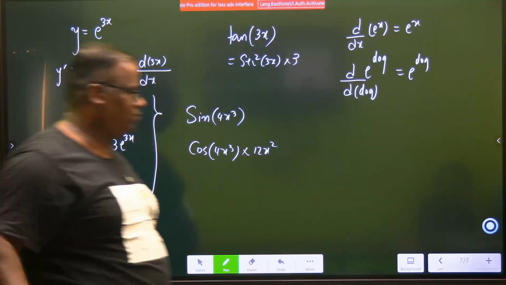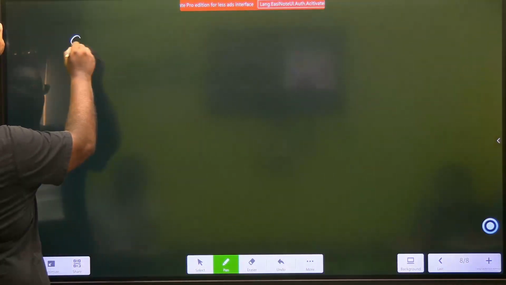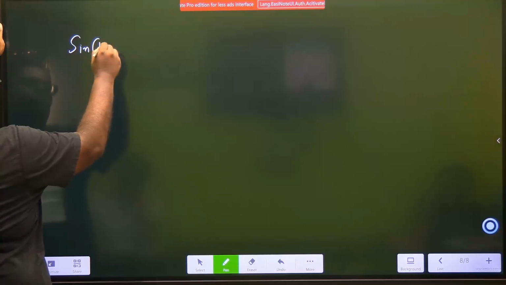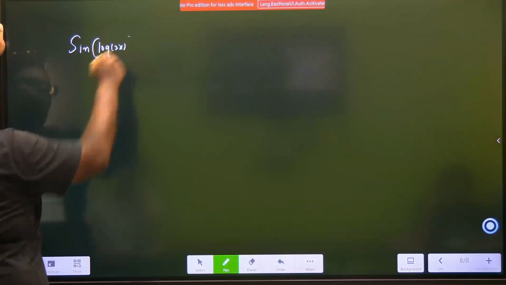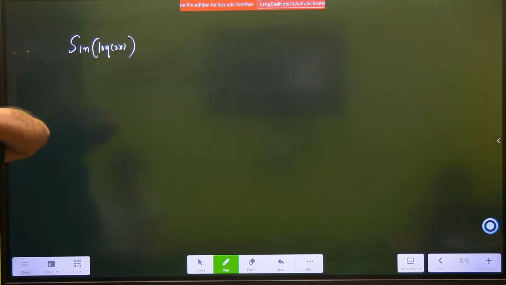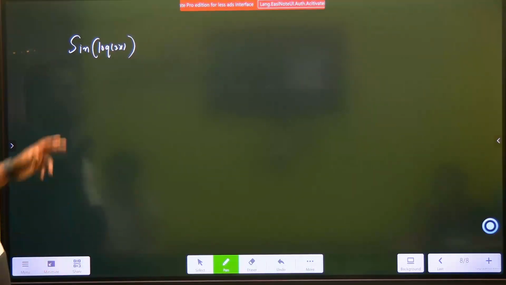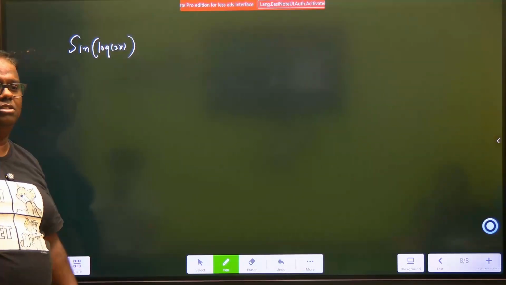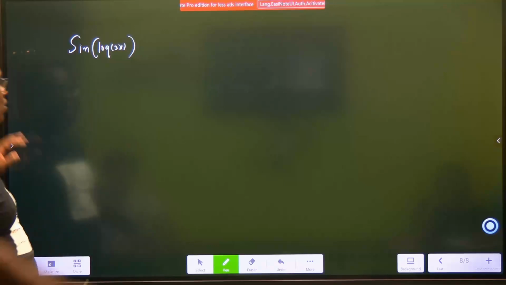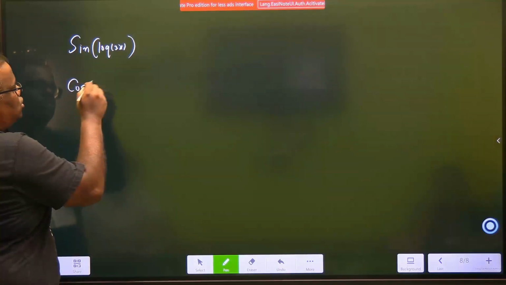Now let's go tougher. What is the dog here? First identify the dog. Log 3x is the dog. Its derivative is cos dog.